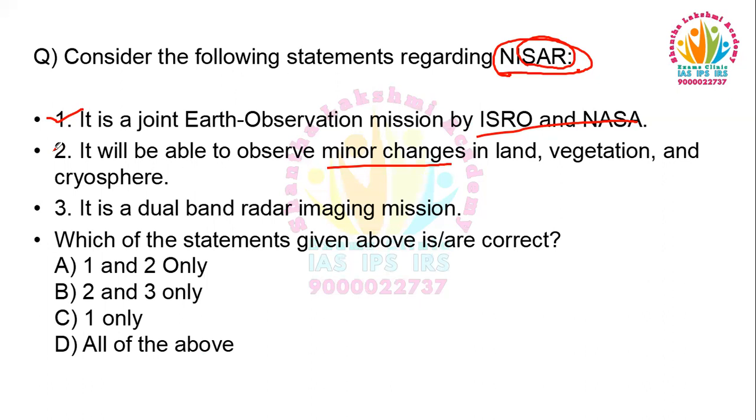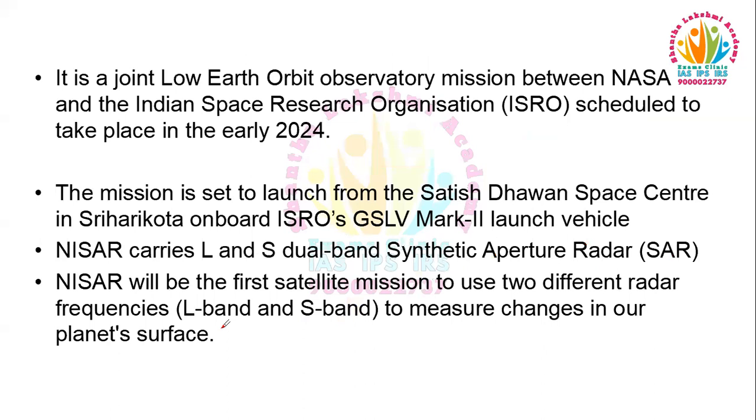Coming to the second statement, it will observe minor changes in land, vegetation, and cryosphere. Yes, the second statement is also correct. The third statement is also correct. It is one of the satellite missions which has a dual band radar imaging mission. It will use 2 bands, that is L band and S band. So statement 3 is also correct. Option D is the right answer because all of the above statements are correct.